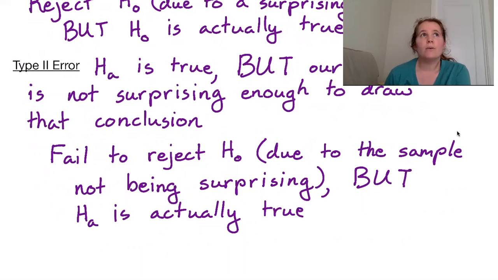So in the video on significance level, we talked about how the significance level is based off of the consequences of the different errors.